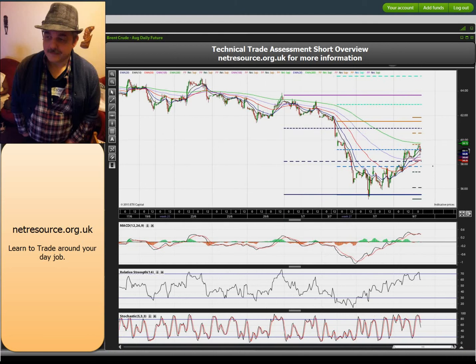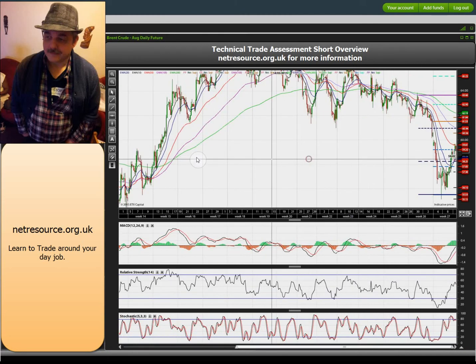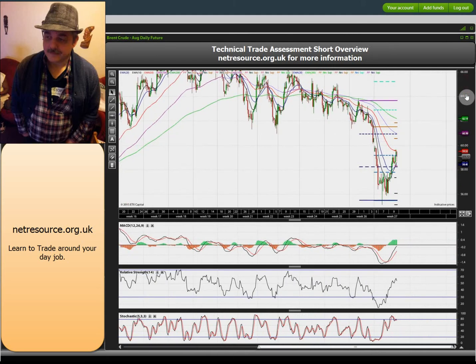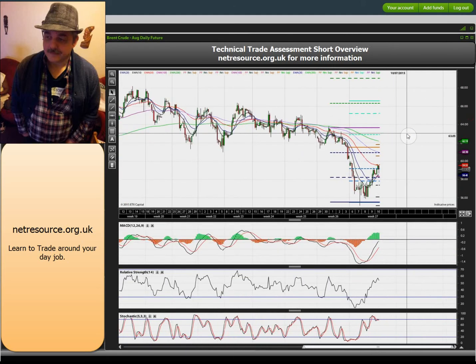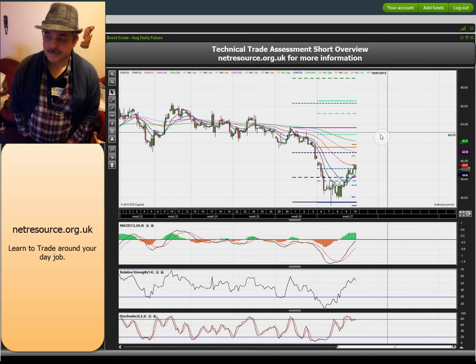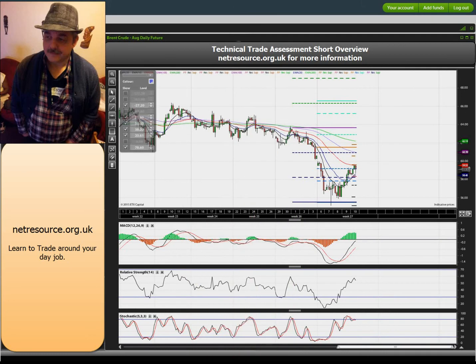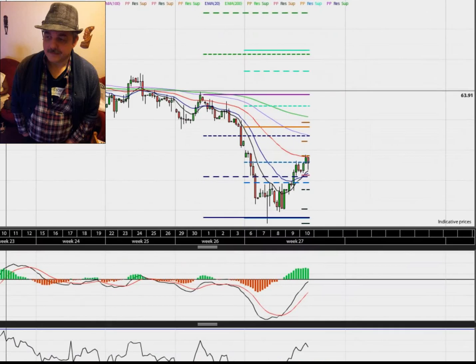So here we have a chart, and you see it's had a bit of a push down there from a level of support, and it's now retracing back. Now the question is, is this going to carry on an uptrend, or do we have resistance levels and support levels that may support trade in the ongoing downtrend that's been happening?